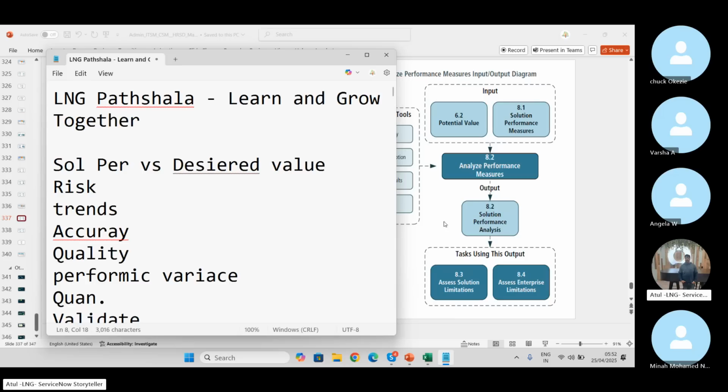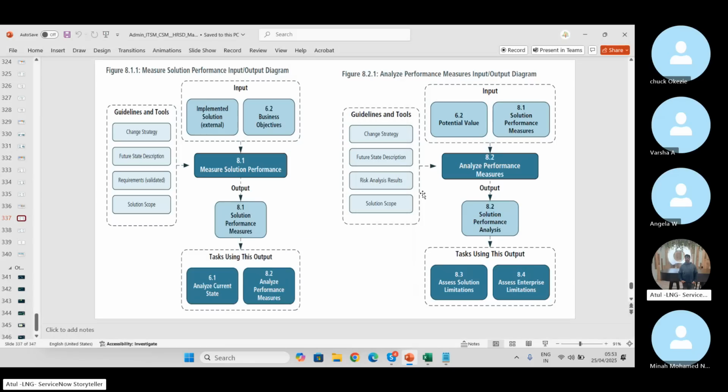So when you are analyzing your performance measures, you have to take the support of future state, risk analysis, and the solution scope. And here again, the technique which we use is benchmarking, because all these things we get from the market, these previous benchmarks.